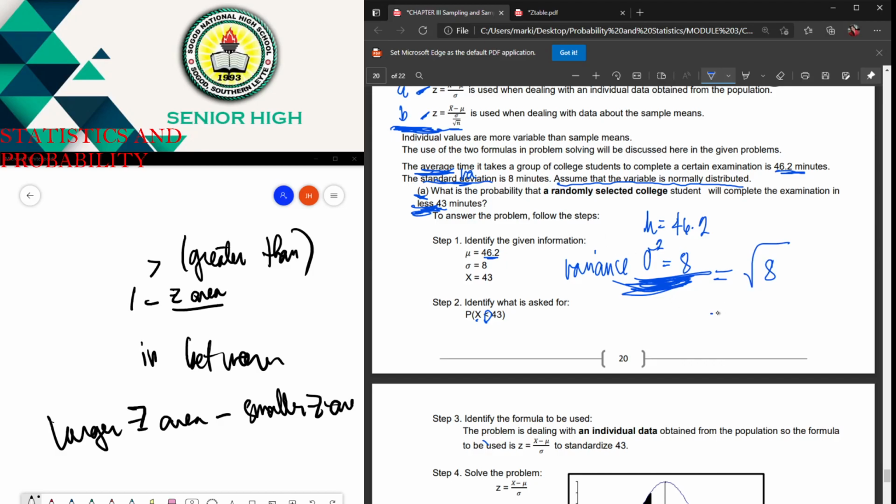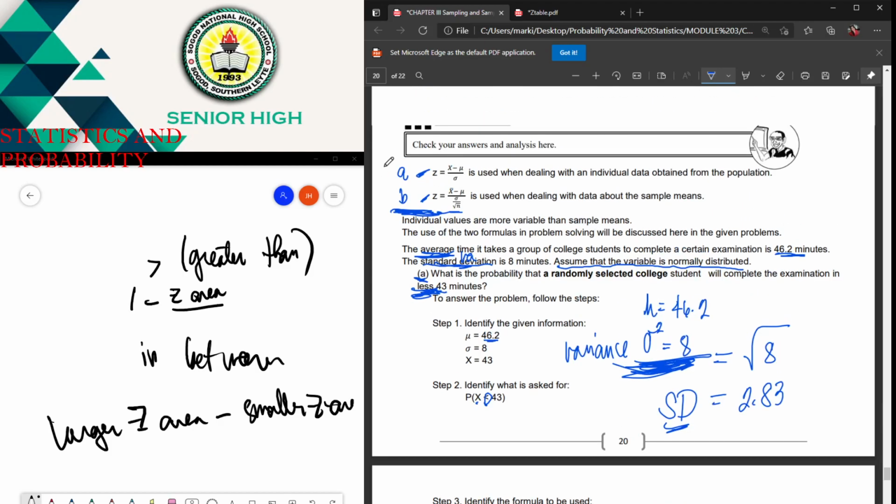That is 2.83. So that is your standard deviation. That is what would be substituted here. You are not going to substitute 8 here because that is the variance. Say for example, it is okay here because the given is the standard deviation, but what if there is a problem where the given is a variance? Then you have to get first the standard deviation of that variance before substituting it into the formula.